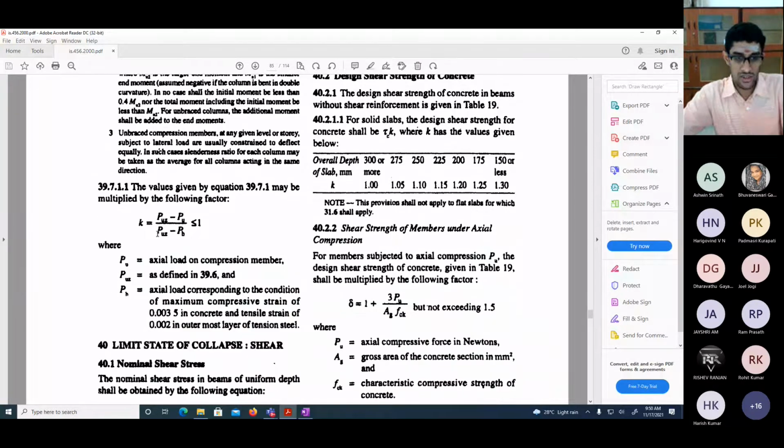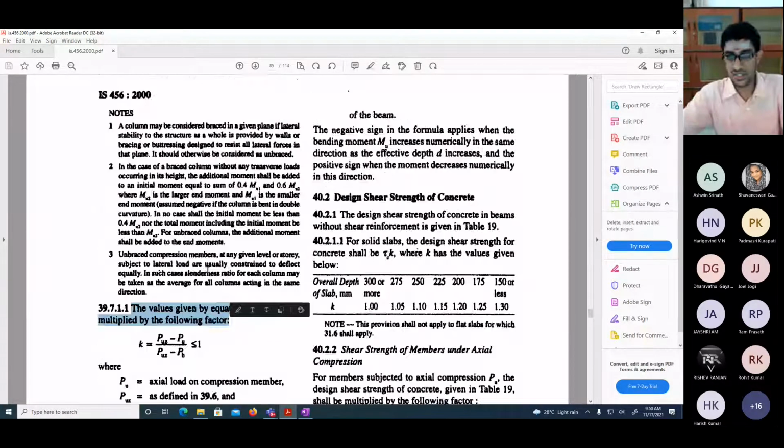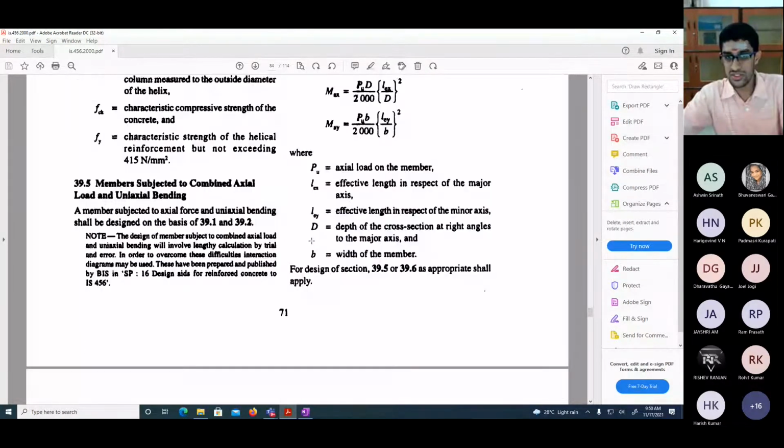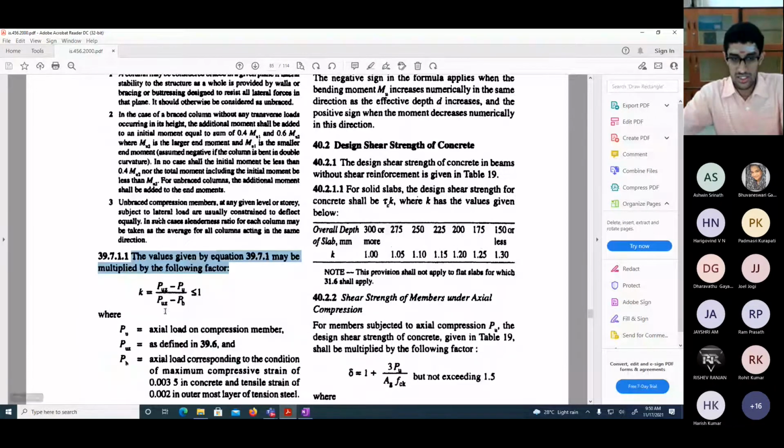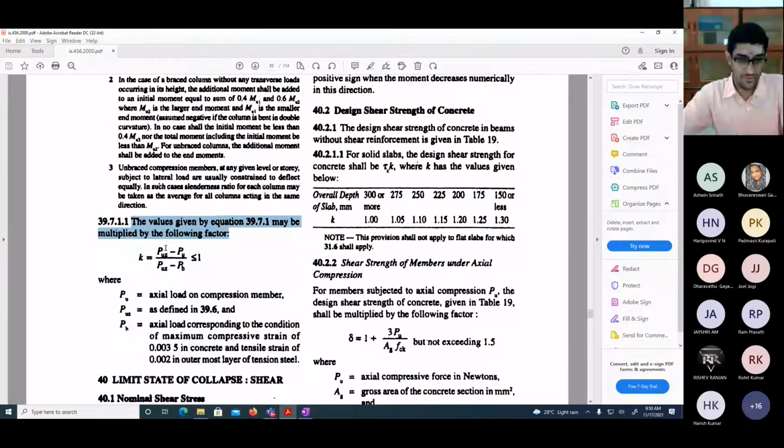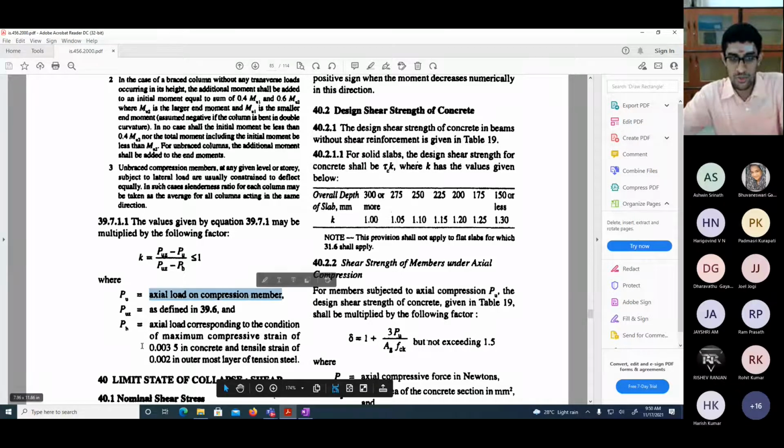It also has one extra condition, given that the value is given by equation 39.7.1, which is the one we saw above. These may be multiplied with the following factor. It equals 1, in which case it should be multiplied by 1. Otherwise, it should be multiplied by (PUZ minus PU) over (PUZ minus PB). What are these things? PU is the actual compression.